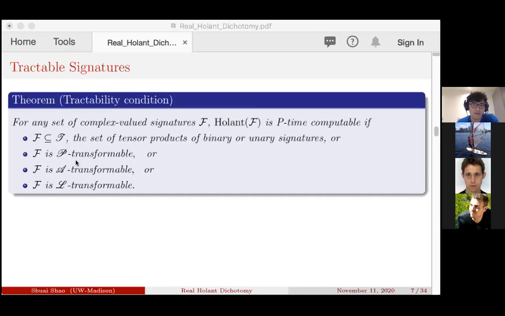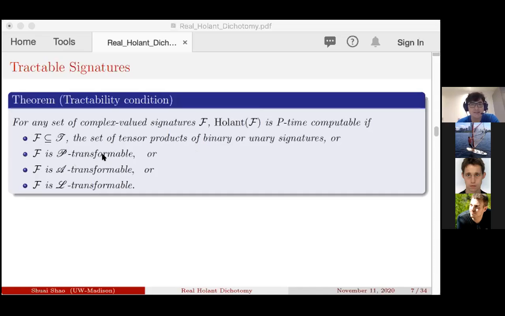And so we will give a few more details regarding the signatures later when we use them. But the set of tensor products of binary and unary signatures will be used commonly in this talk. Here, transformable means that these signatures are still tractable after a holographic transformation.